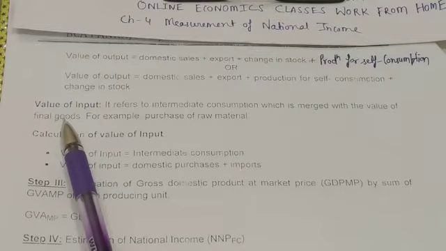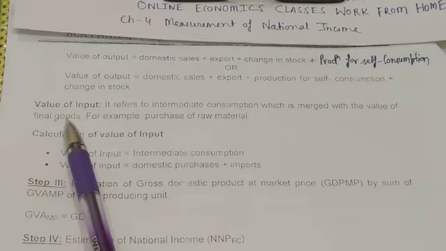Let's take an example. Milk purchased by a household, by a family, will be with the aim of consumption of milk. Is it clear?